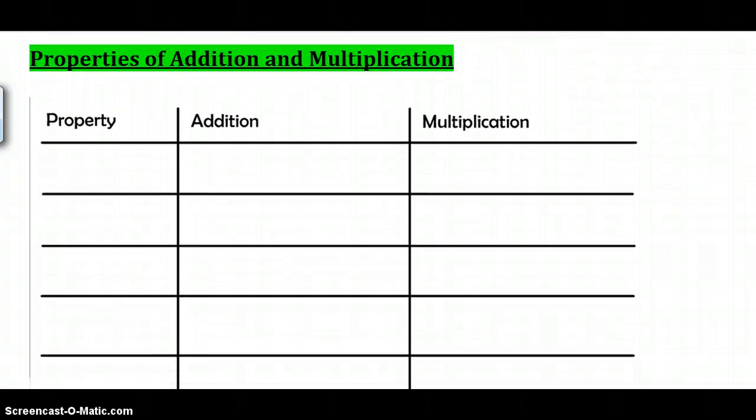A couple other properties we need to talk about are properties of addition and multiplication. If you want to go ahead and draw this table in your notes again, I think it'd be helpful. So on the left-hand column, we're going to write down all the properties.